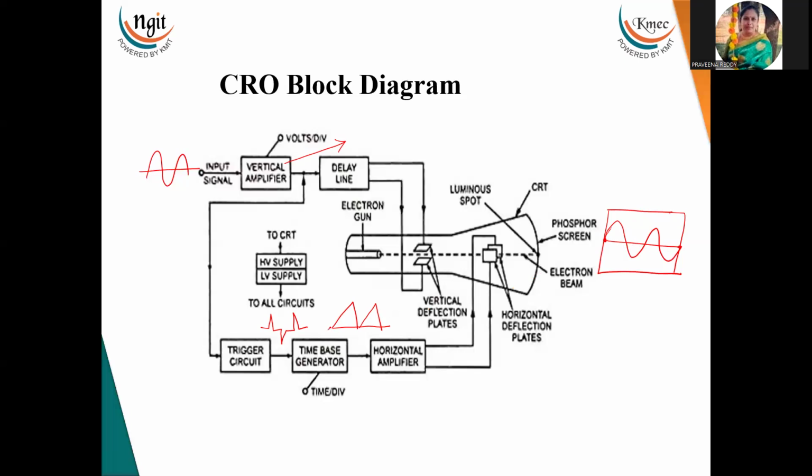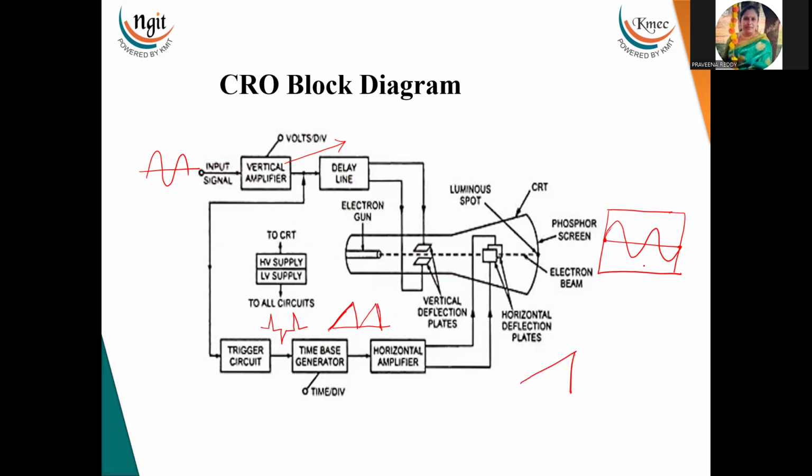Now if you see here, a rising slope is there. Rising slope means the beam is moving in the forward direction, and it is going up and down because of the amplitude on the vertical deflection plate. And here you see a sudden fall. So sawtooth means it is rising and then a sudden fall.